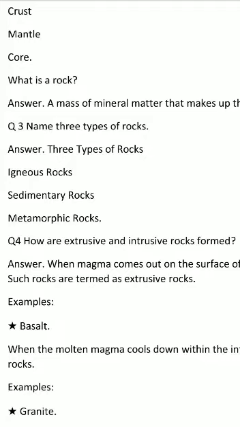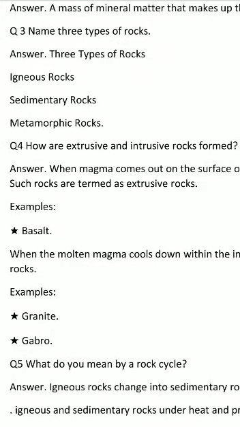Such rocks are termed as extrusive rocks. So what are extrusive rocks? When the molten magma comes on the earth's surface, it cools down and becomes solid and forms rocks. The rocks formed in this way are called extrusive igneous rocks. Example, basalt.